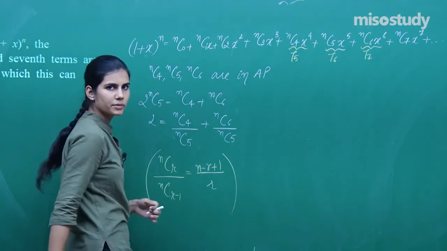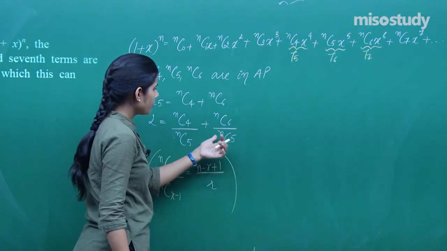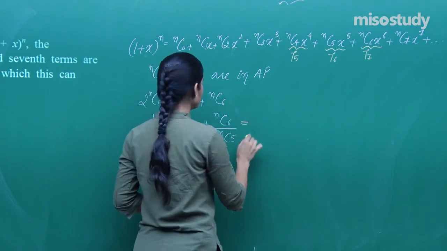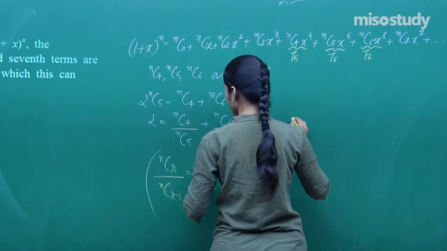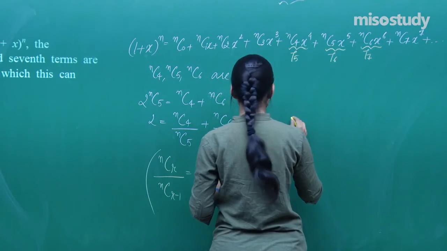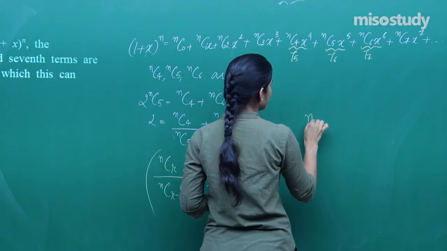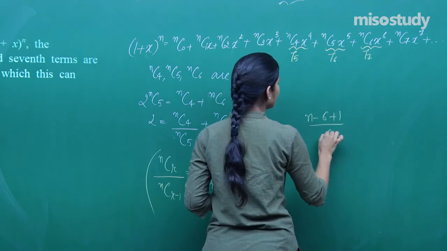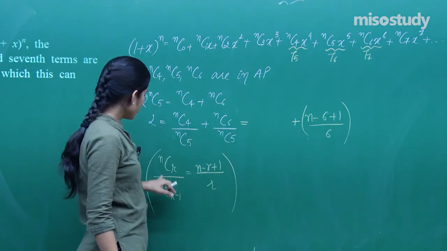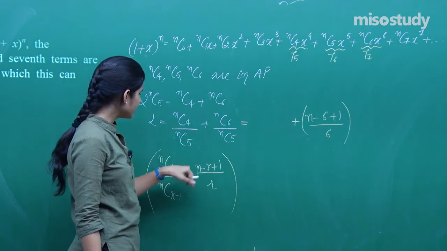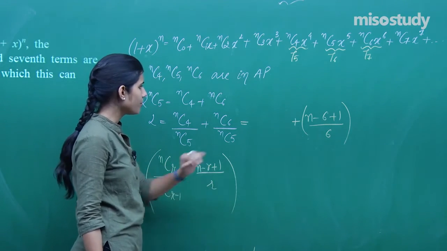Very, very important property. So nC6 upon nC6 minus 1 is (n minus 6 plus 1) whole upon 6.